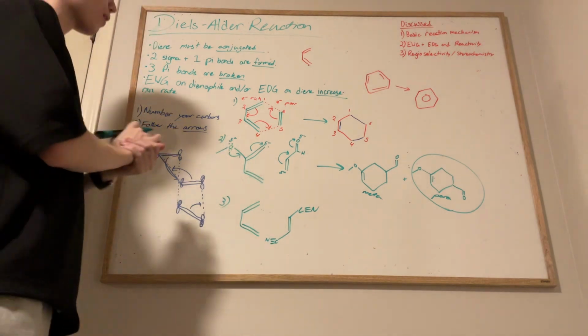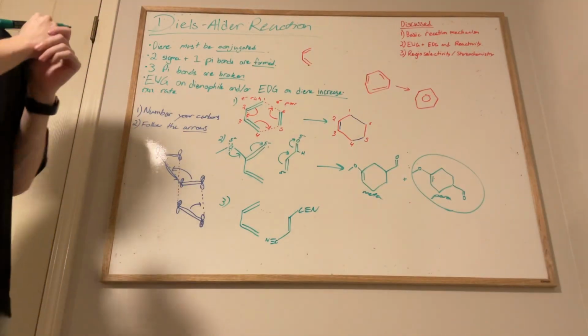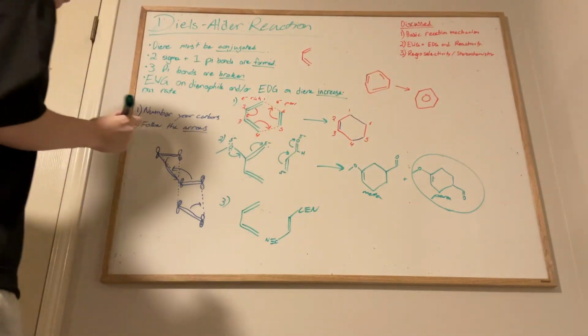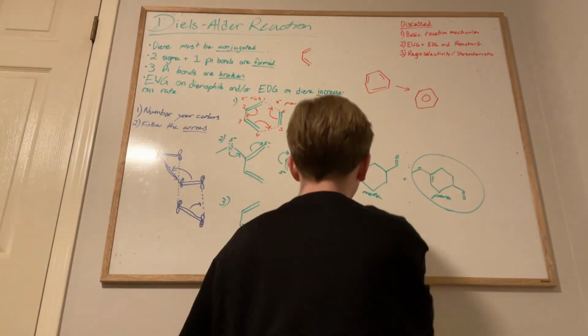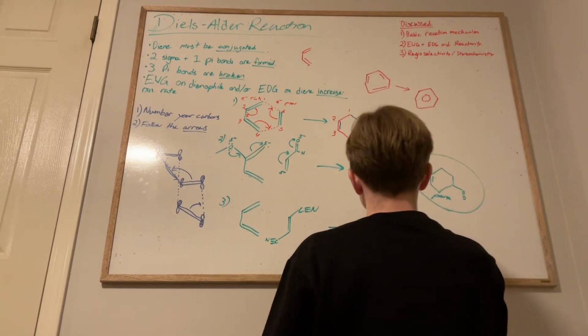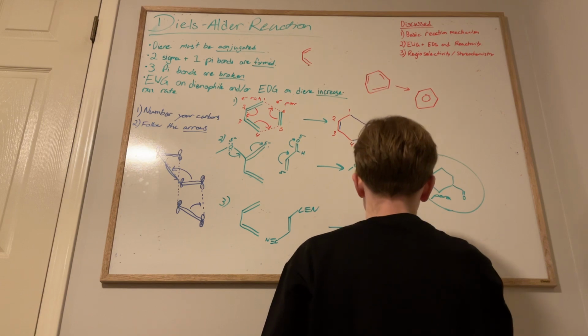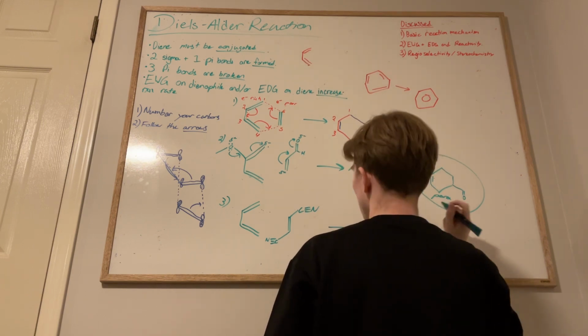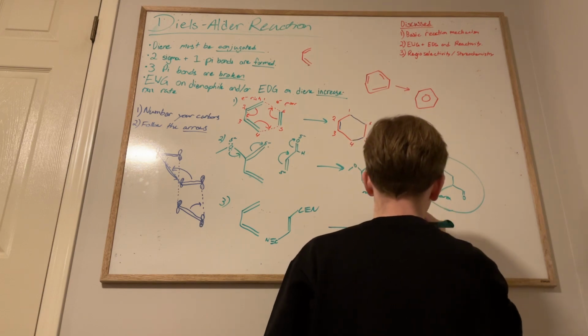Okay, third example. This is about stereochemistry, stereoselectivity, right? What's going on in this reaction? Again, you've got some possible products. Well, I'm not going to actually say they're possible before I do it here for you. Give me just one second.